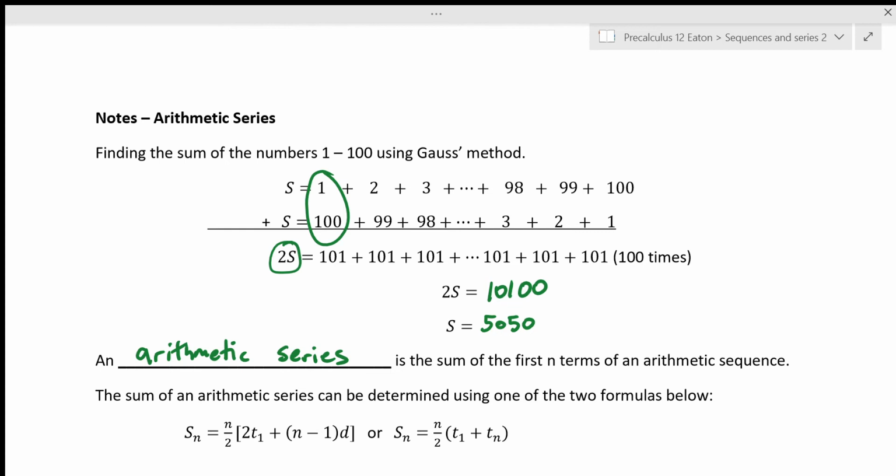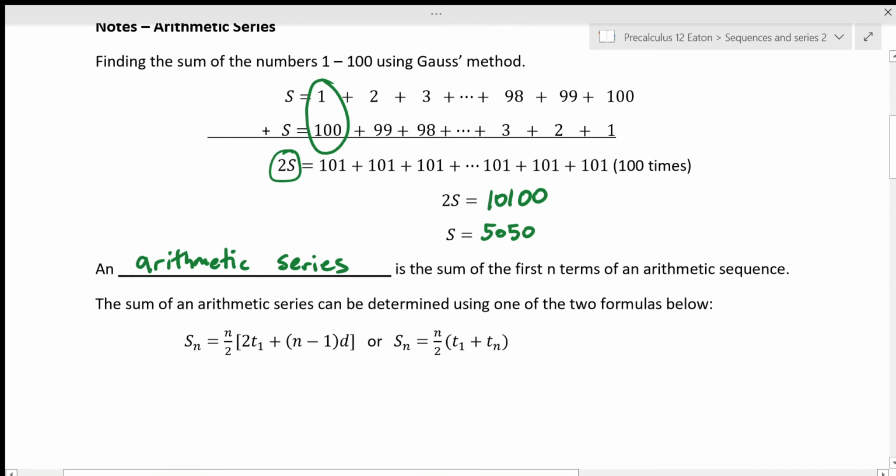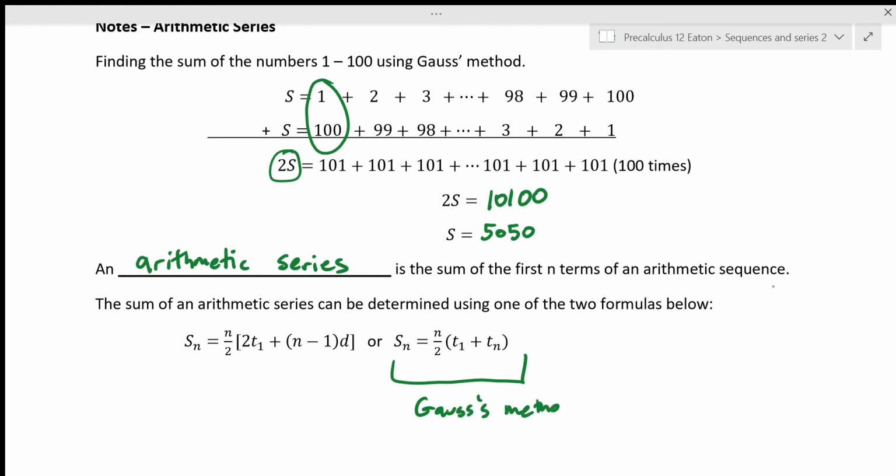The sum, we have two formulas for the sum. So the first formula is the formula we get using Gauss's method. So if you have T1 plus T2 plus dot dot dot plus T sub n, and then you have T sub n plus T sub n minus 1 plus dot dot dot plus T sub 1, we find out that actually these are all equal to the same thing for any arithmetic sequence.